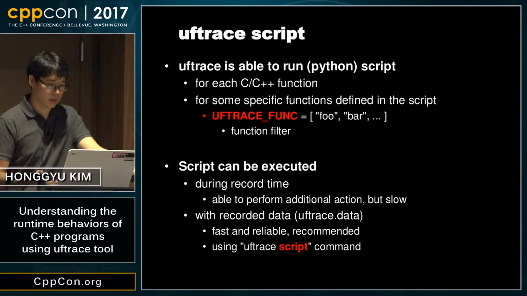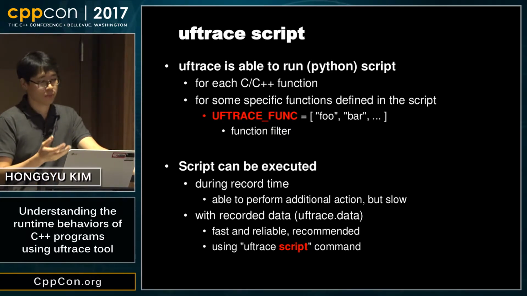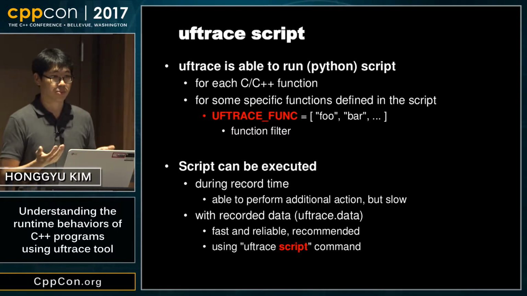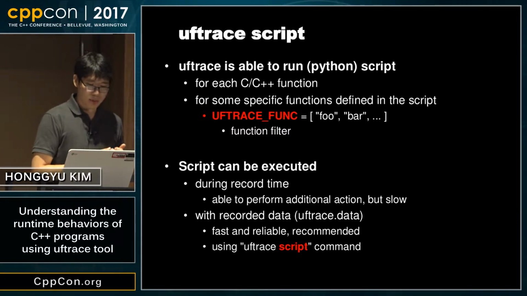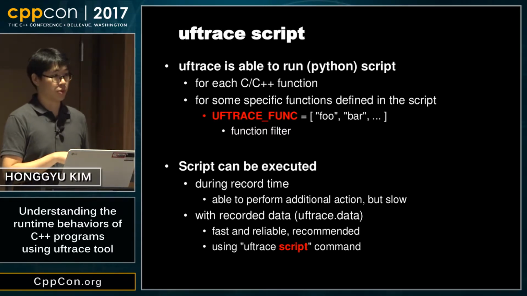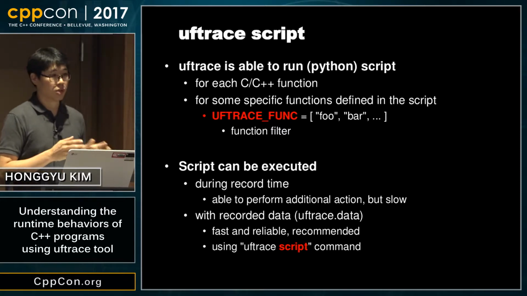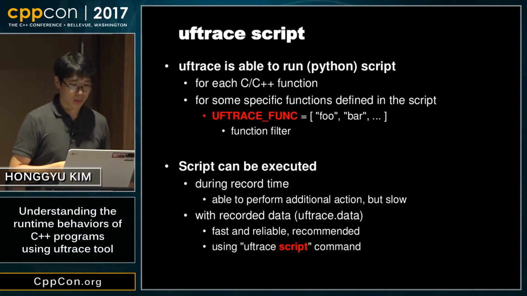And script can be executed during record time. And in that case, you can get some more data, you can read some kind of system state or something like that. But it hurts the original performance, so it's a bit slow, and that's why we recommend to use it for the recorded data. So there's a separate command called the uftrace script.